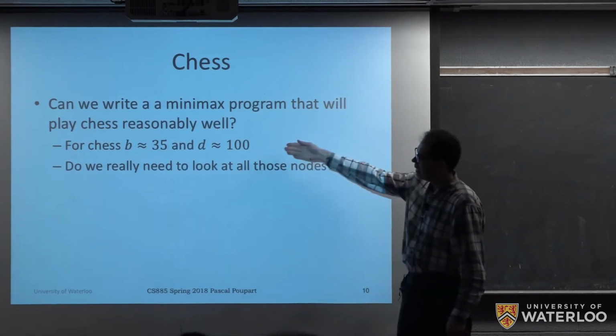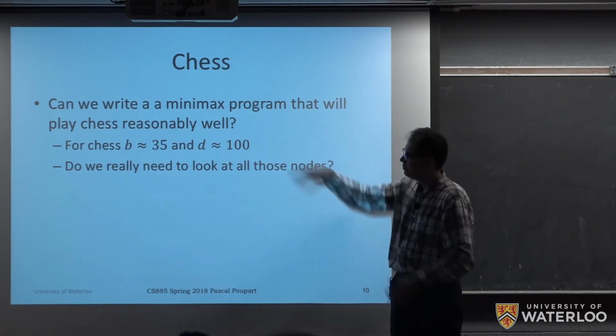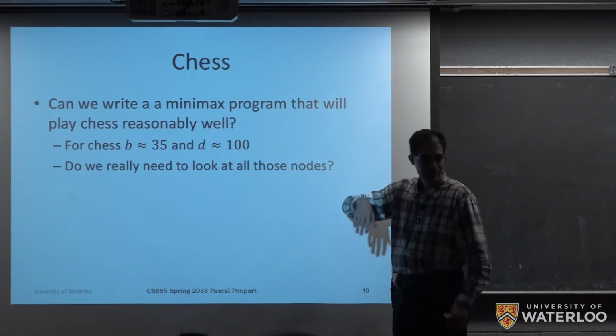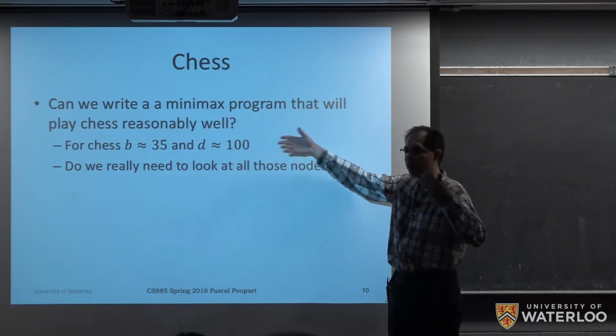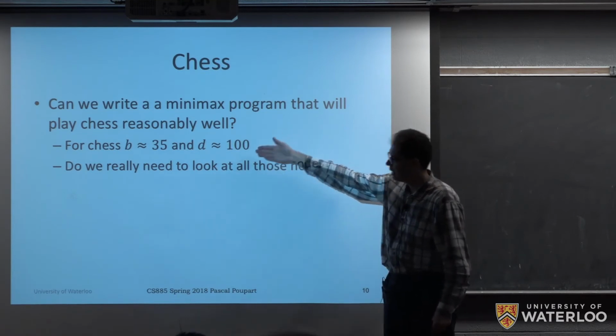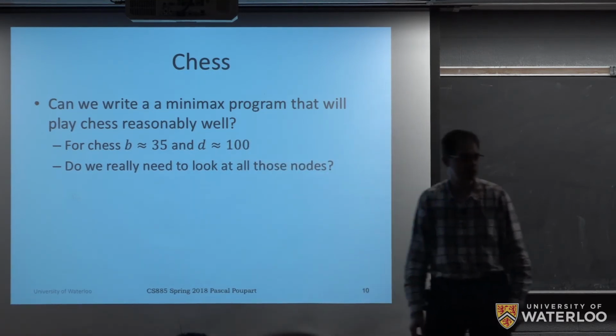And then how many moves or how many plies would there be before the end of the game, right? A game could often go on for at least 100 turns. So that's why here the depth could be roughly on the order of 100.